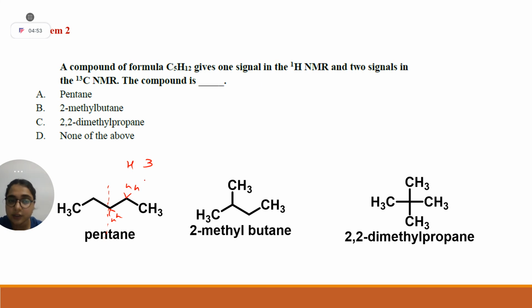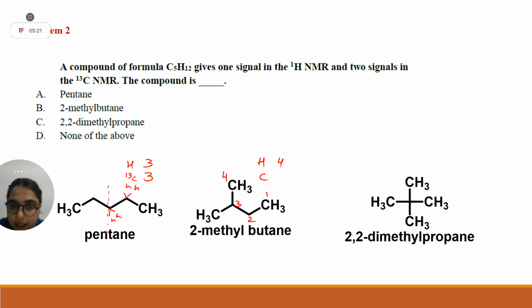Different types of protons give different signals in 1H NMR. And if you talk about 13C, this is having one, two, three, so three signals. Similarly, how many proton signals will be here? Tell me fast. One, two, three, four.